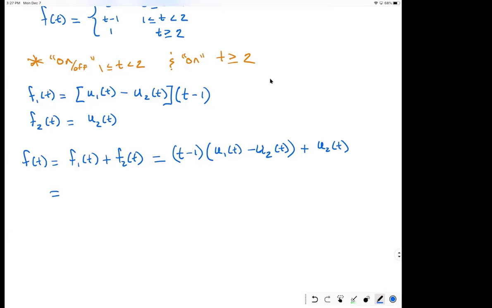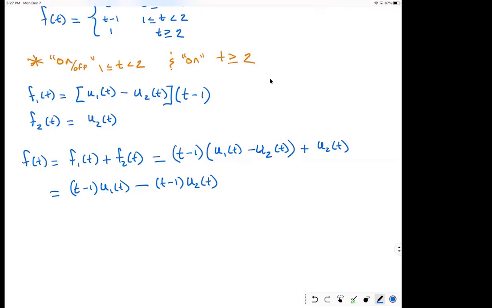I multiplied the t minus 1 to both terms. So t minus 1 times u sub 1 of t minus t minus 1 times u sub 2 of t, and then plus u sub 2 of t. I just distributed the whole t minus 1 instead of FOILing.